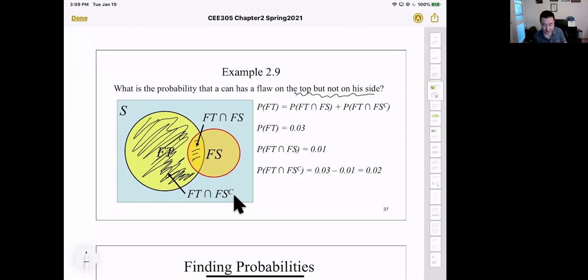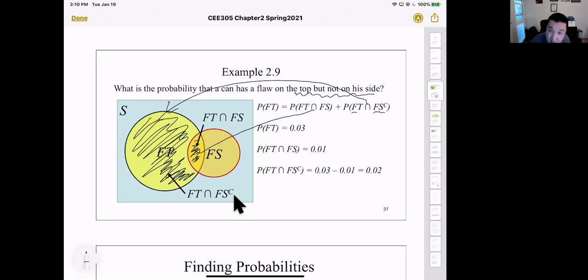So this area is what the question is asking. The flaw on the top is equal to it has a flaw on the top and a flaw on the side, which is this part, plus it has a flaw on the top but not a flaw on the side. Remember, C is for complement. This is no flaw on the side, which is this area.